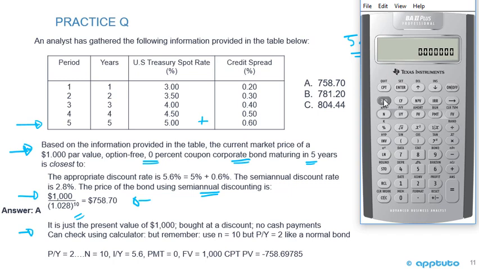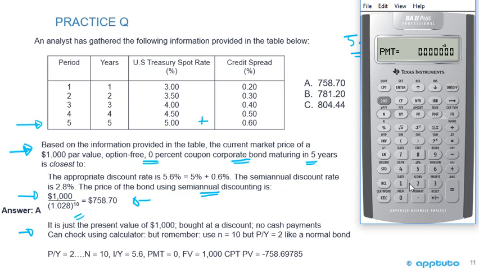And if I do second P/Y, I'm here in periods per year 1. I've got to change that to 2. So I'm going to do 2, enter, and then clear, okay? So then I'm going to do 1,000 on my future value. No doubt about that. There's no payment because it's a zero coupon, okay?